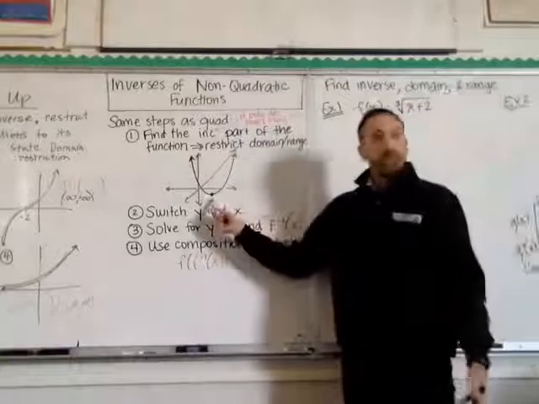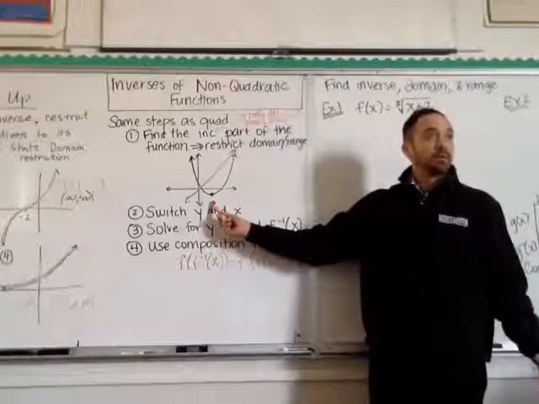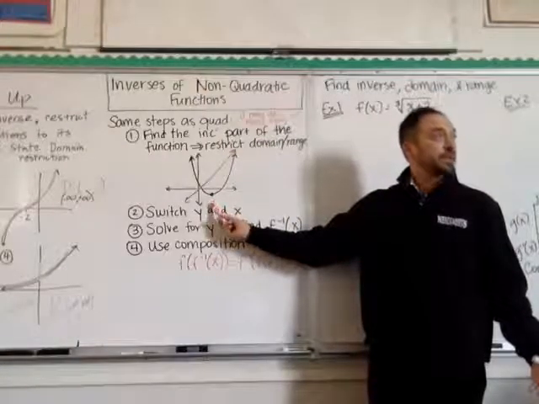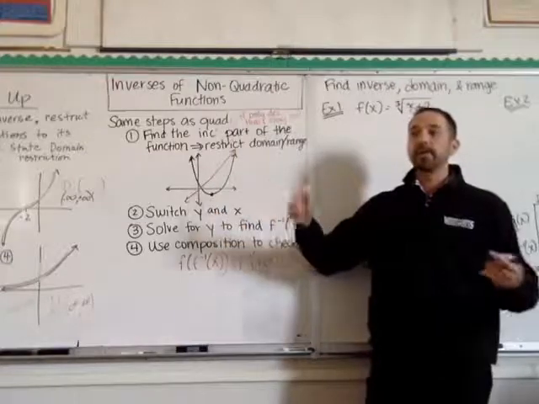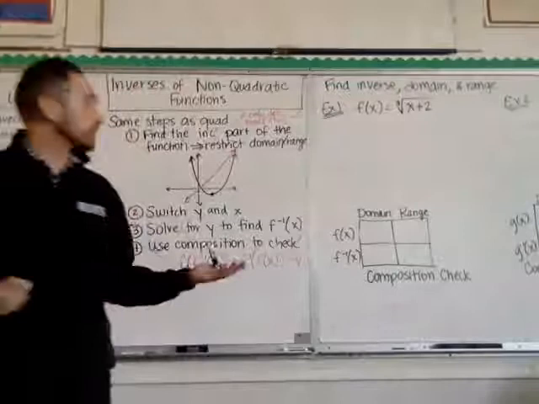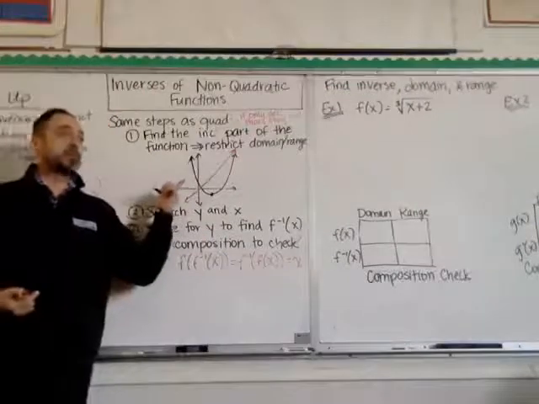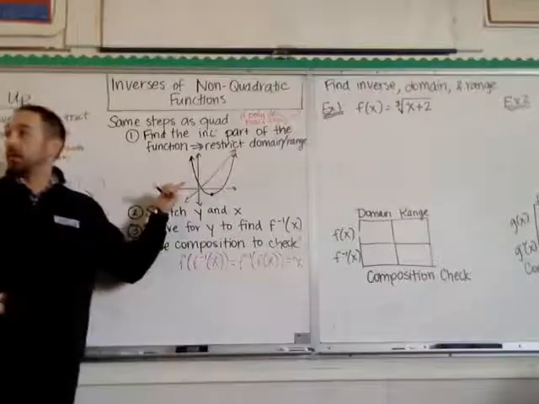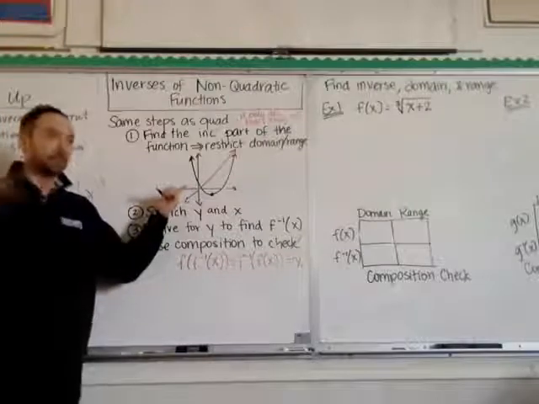We have to restrict the domain in order to find the inverse, because that one-to-one correspondence or horizontal line test tells us if we can find the inverse. So without restricting the domain, would this pass the horizontal line test?